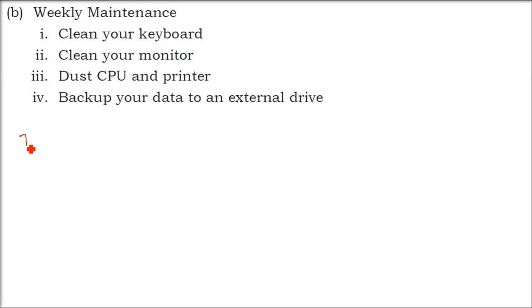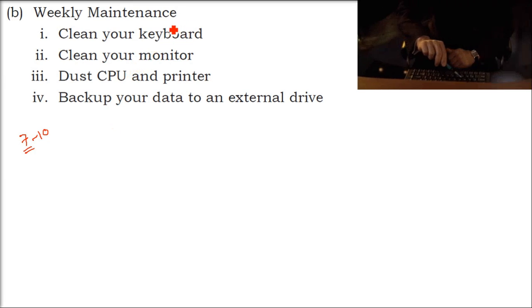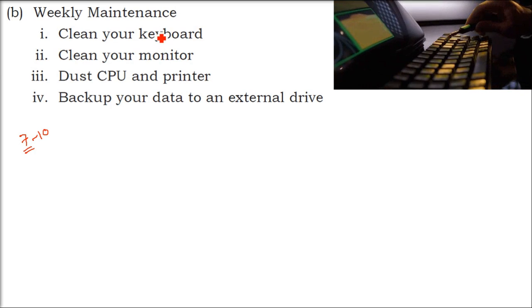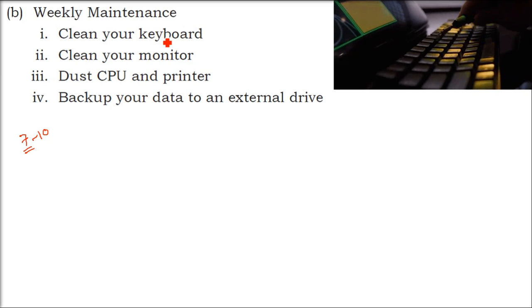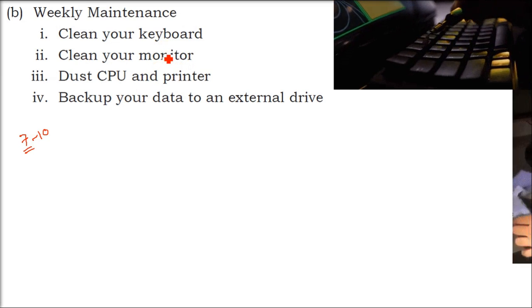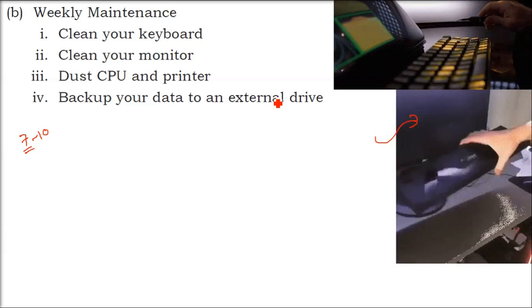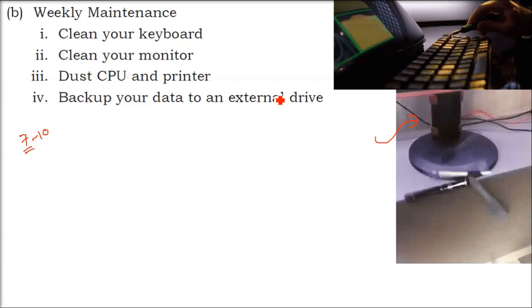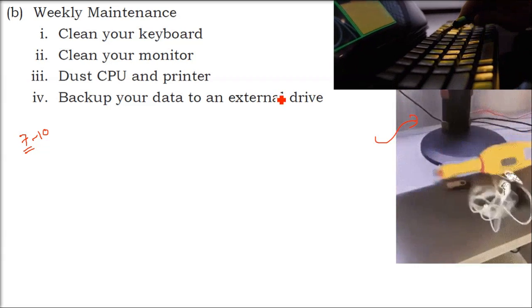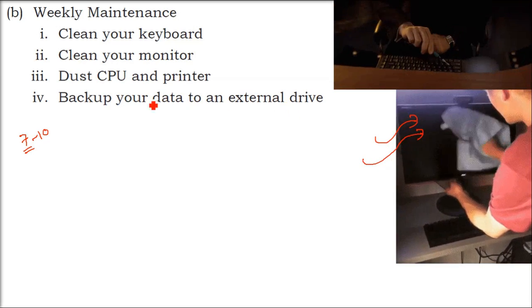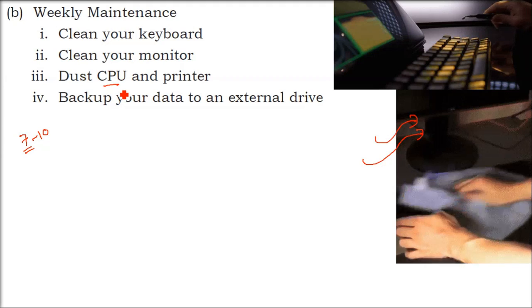Coming to weekly maintenance. So 7 days or 10 days, what maintenance you have to perform? You have to clean your keyboard. Or let me suggest all the parts of the computer which are possible: monitor cleaning, keyboard cleaning, mouse cleaning, CPU, printer, if it is possible that you can clean the CPU, not always possible with everyone.